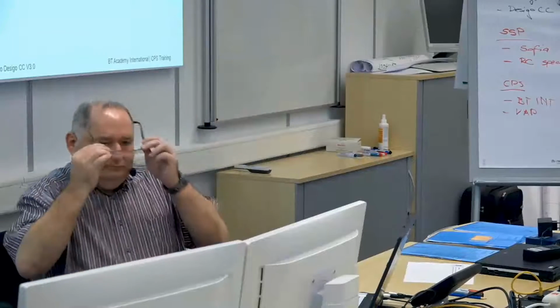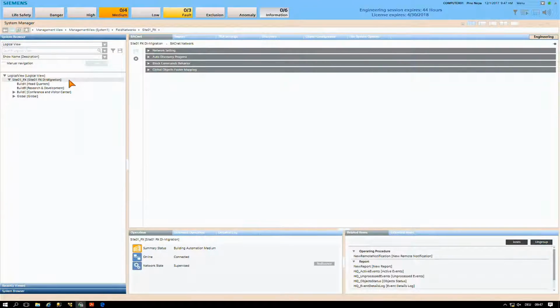I can create many networks per site. So the question is to verify with the customer the way the network should be rebuilt in the Desigo CC.